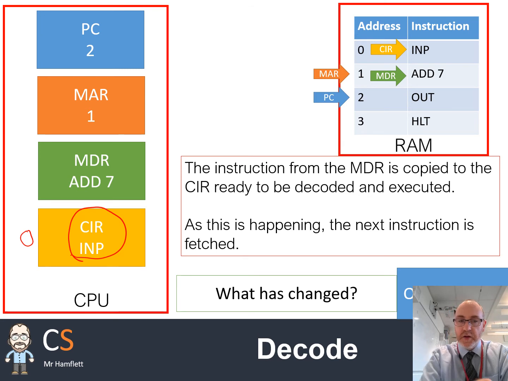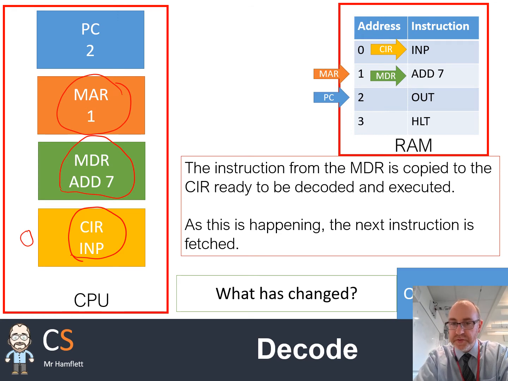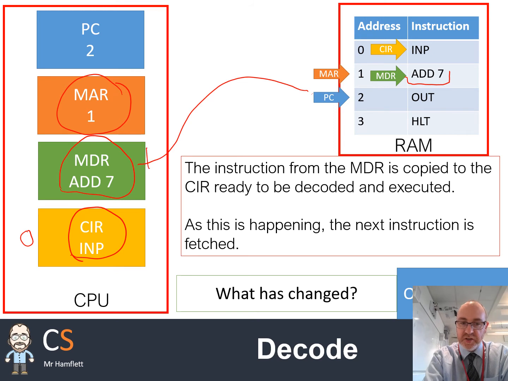However, notice in the MDR and the MAR, the values have now changed. What's happened is we've now done another fetch, or we're doing another fetch whilst the instruction is being executed. So MAR is now pointing at the second instruction, and the MDR has obviously had that instruction sent to the CPU.